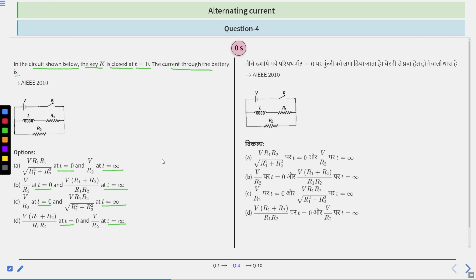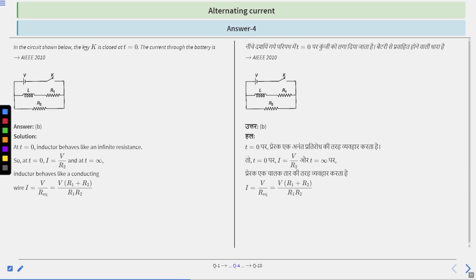Let's find the solution. According to the question, the circuit is this, and this is the given voltage and key K, which is closed at t equal to 0. We have to find the current through the battery. Here we have resistance R1, resistance R2, and an inductor.